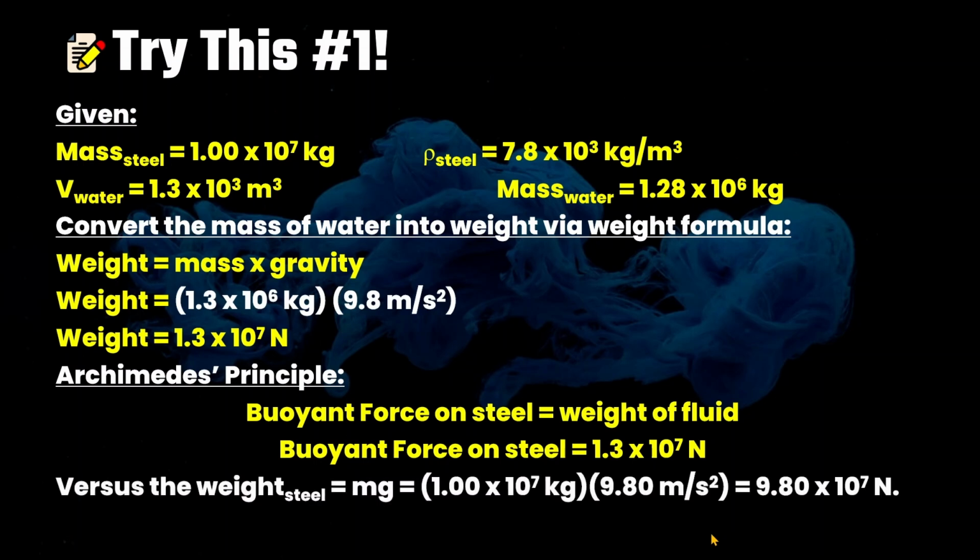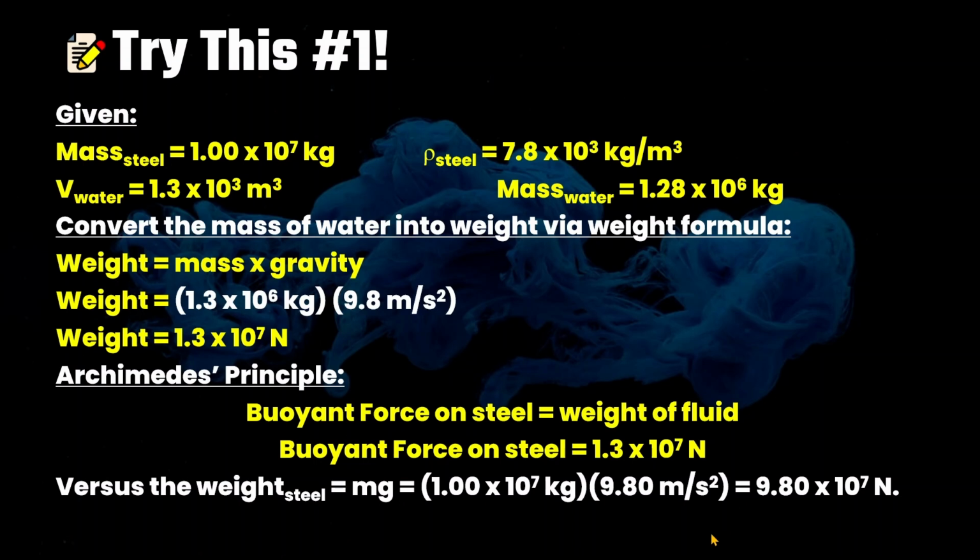If we're going to compare this to the weight of the steel, the weight of the steel is found using the formula mass times gravity, 1.00 times 10 raised to 7 times acceleration due to gravity, so that's 9.80 times 10 raised to 7.